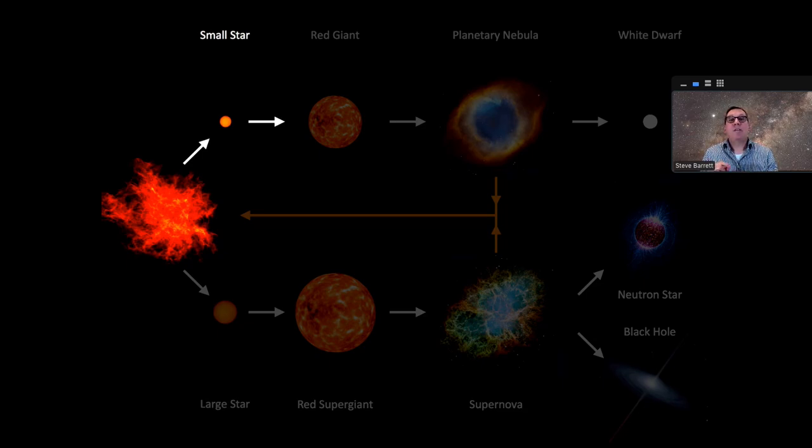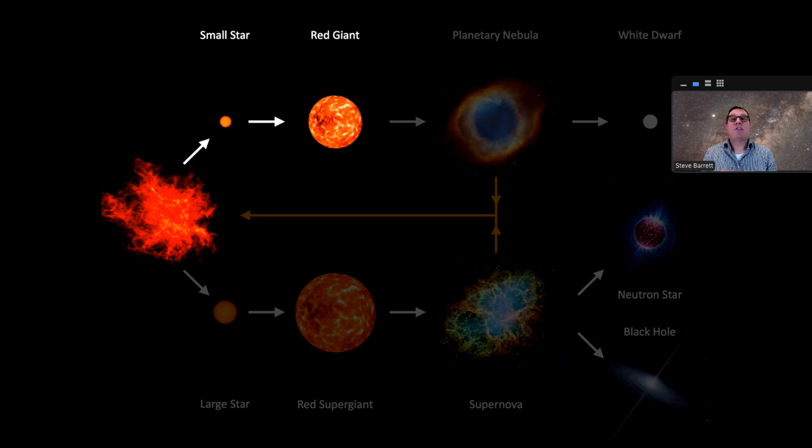When the fuel eventually does start to run out, remember the idea of balance. Gravity is balanced by radiation, but if the fuel starts to run out, gravity will win, in which case the star will start to compress. When the star gets compressed, it heats up and will start to expand its outer atmosphere and become a so-called red giant.